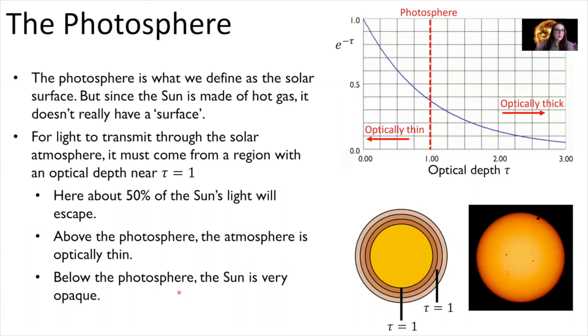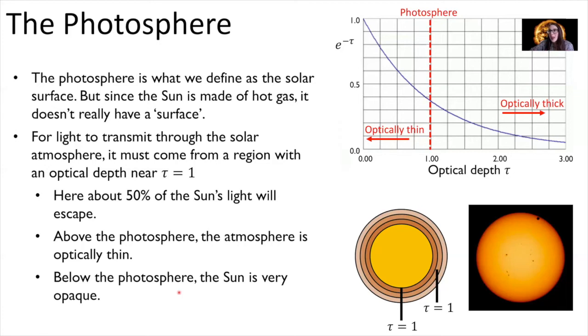That means that the light is not easily able to escape from regions of the sun below where tau is equal to 1. So essentially we're defining the surface of the sun as the region where 50% of the sun's light is able to escape easily, and 50% of the sun's light is not able to escape easily.